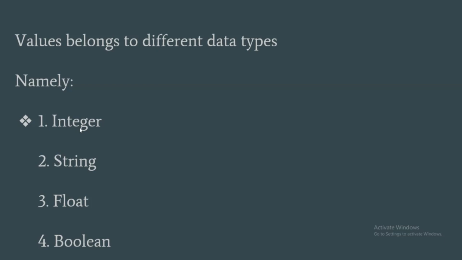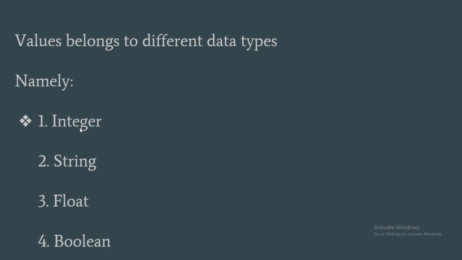Basically, in Python there are many different types of data, but the four basic ones that you ought to know as a beginner are integer, string, float, and boolean.